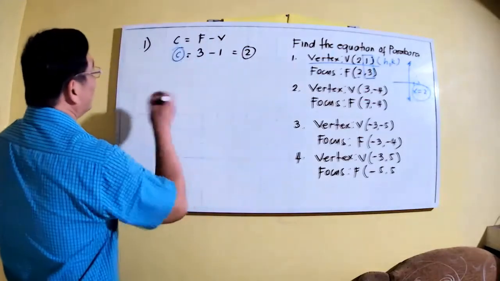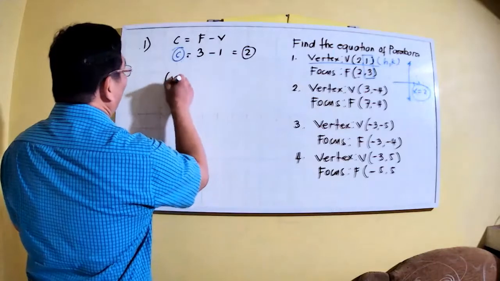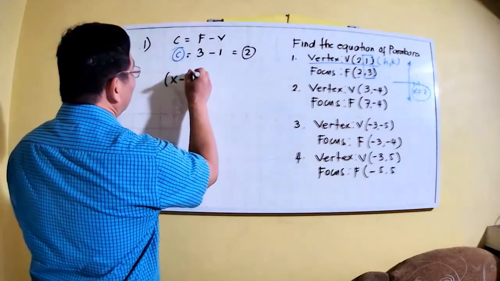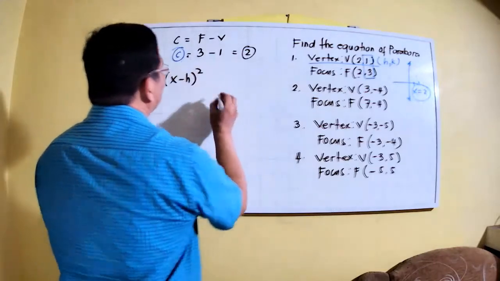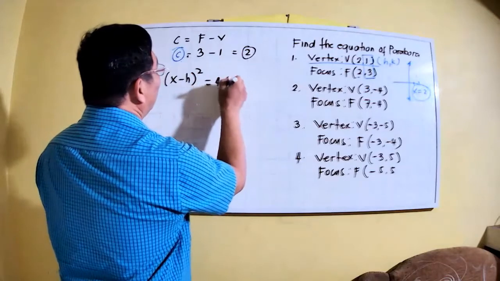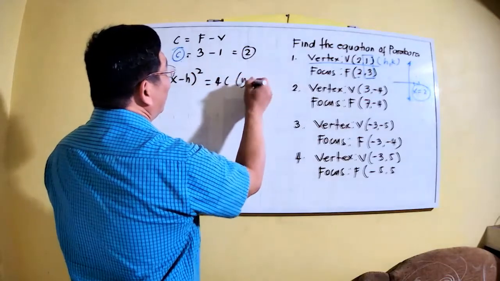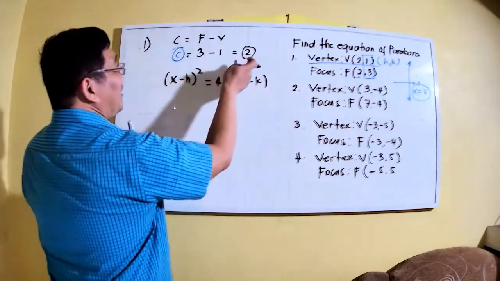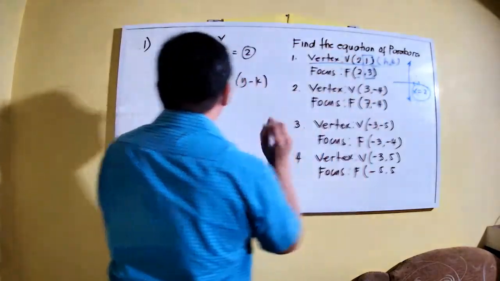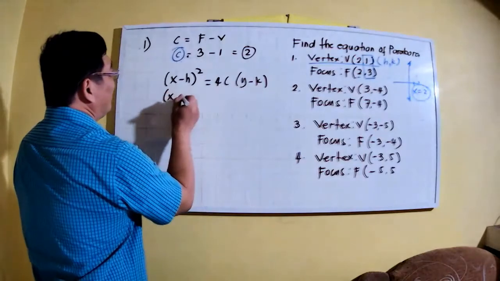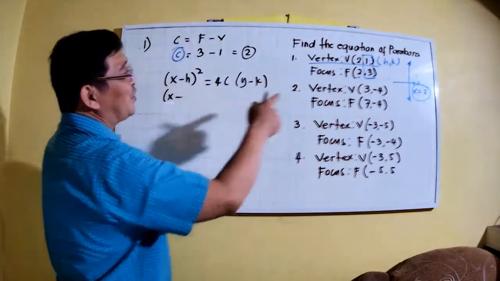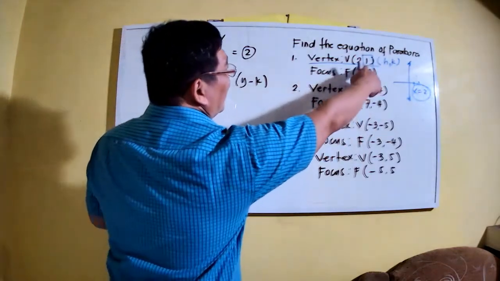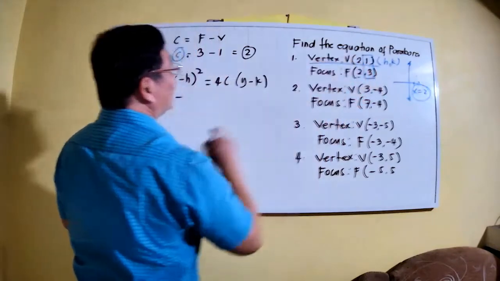We have a formula, opens upward, (x minus h) squared is equals to 4c times (y minus k), and then substitute c and the vertex (h, k), where h is equals to 2.